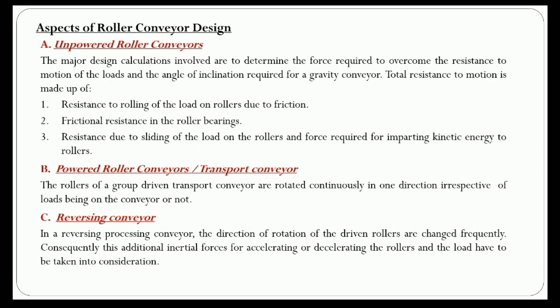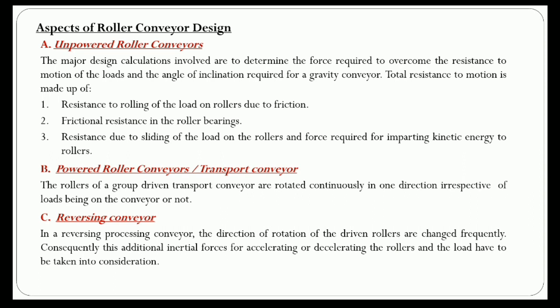Now, the powered roller conveyor is very much apart from the unpowered roller conveyor. In a group driven transport conveyor, the rollers are rotated continuously in one direction irrespective of whether the load is on the conveyor or not. In that case, we have to consider the conveying rate, the horizontal and vertical length components, the weight of each roller, and the conveying speed.